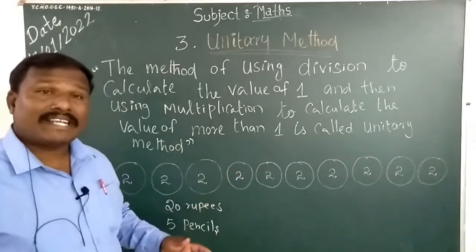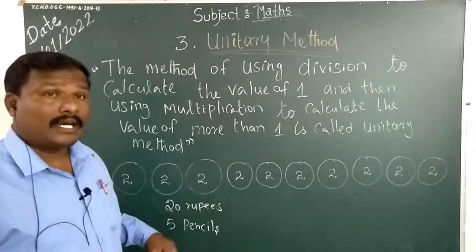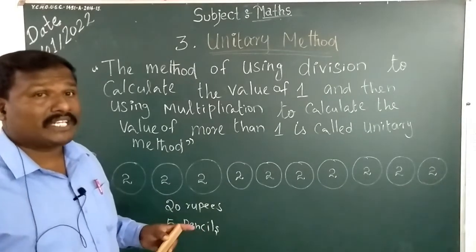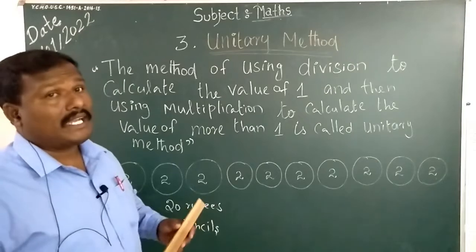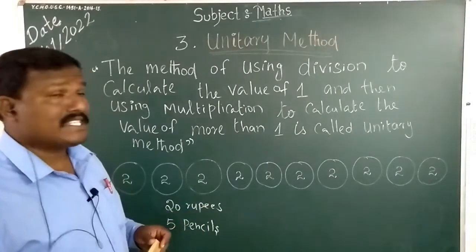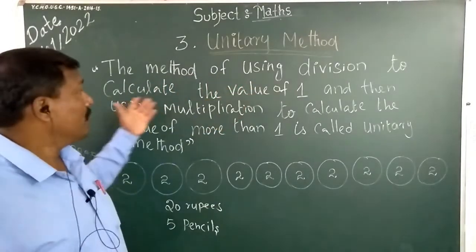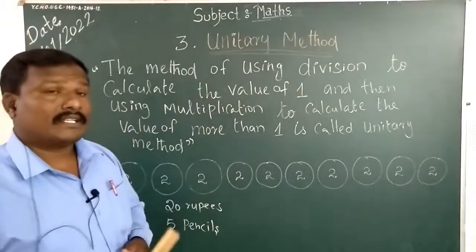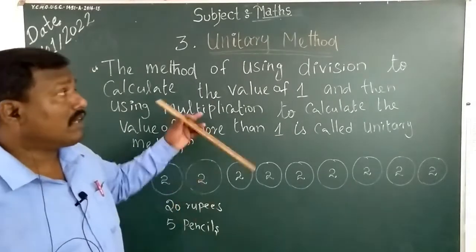So my mother asked me the question. How can I answer the question? I know how to answer that question because I know division. So using division, I can say the answer of one pencil cost. That is what this definition says, the method of using division to calculate the value of 1. Now we want to find out the value of one pencil, no? So what you have to do?